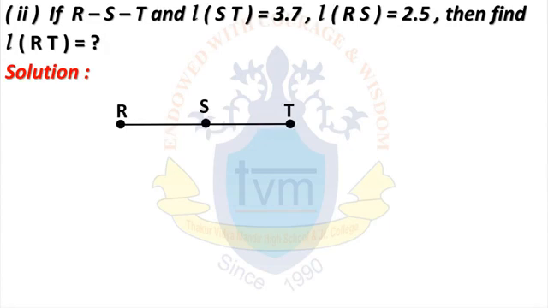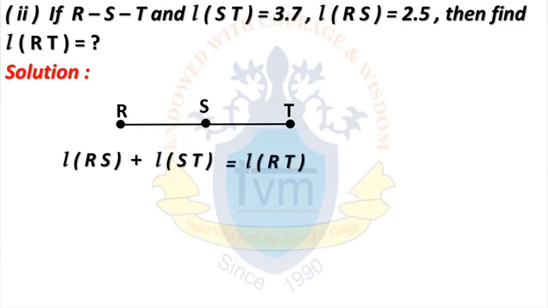They fall on the same line and S is between R and T. So length of segment RS plus length of segment ST equals length of segment RT, since S is between R and T. We will substitute length RS as 2.5 and length ST as 3.7.